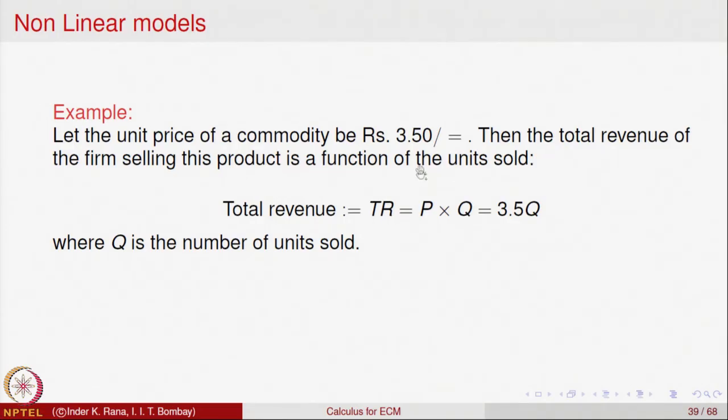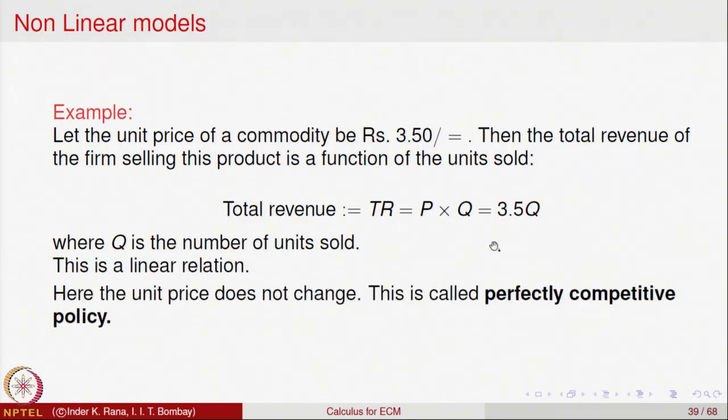This is the price per unit if Q units are sold and P is the price per unit that is given. So, total revenue will be P times Q. Since the price per unit is equal to 3.50, the total revenue is 3.5 Q, where Q is the number of units sold, that is the total revenue of that particular company.